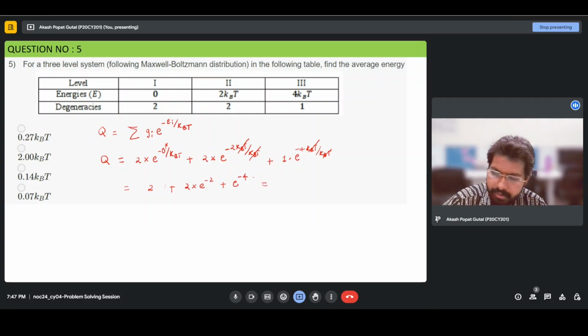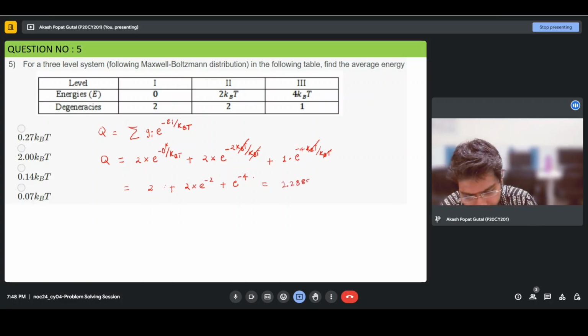So that will give you, if you calculate, 2 plus 2 times e raised to minus 2 plus e raised to minus 4, which gives you the partition function 2.2889.